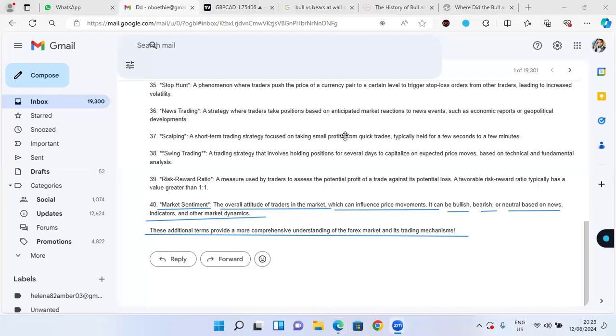The swap is the amount of money which is charged when a trade stays there overnight, and these are interest charged when you borrow money.